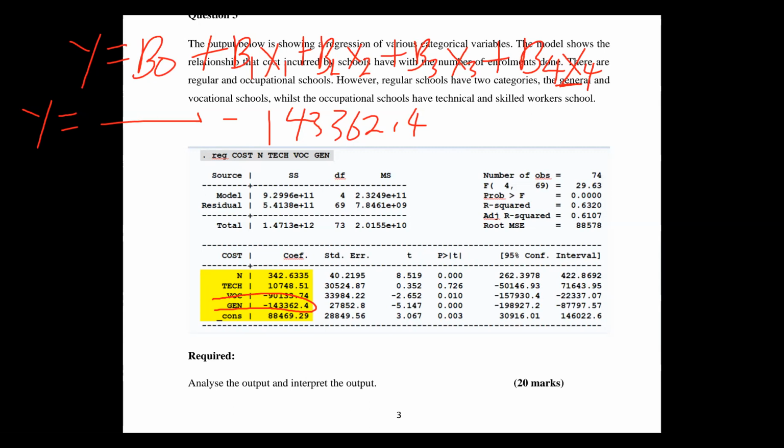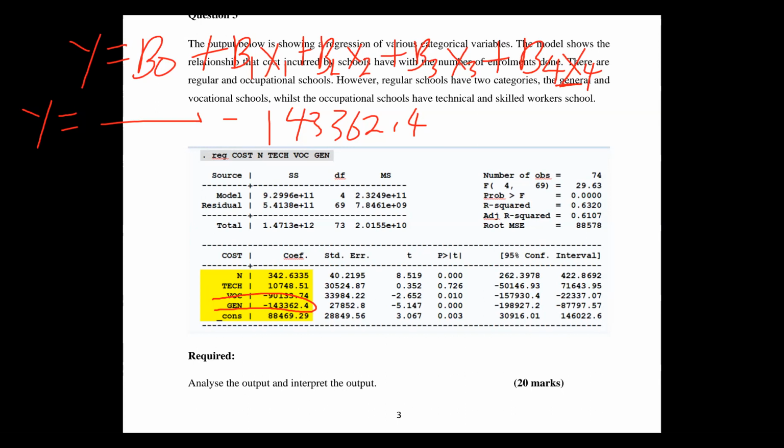The total cost reduces by 143,362.4 ngwe. So the cost is reducing because you have added more students. In short, the more students you enroll, the lesser the costs, isn't it? Yes, it becomes cheaper to enroll many students.